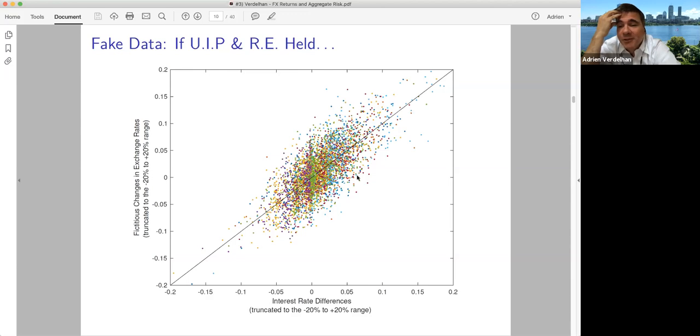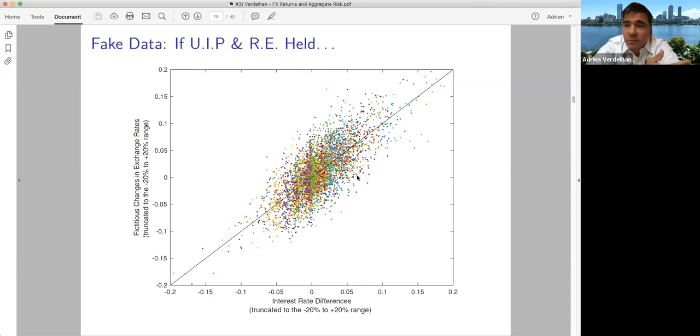So let me show you the data in a very simple form. If UIP was correct, the change in exchange rates that you would expect would be the interest rate difference. So what would be the actual change in exchange rate? Well, it would be the one that you expect plus some noise. So I took the volatility of exchange rates and built fake exchange rate changes that would correspond to the UIP regression.